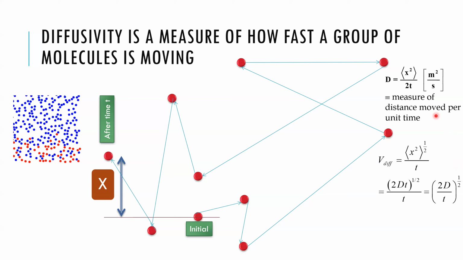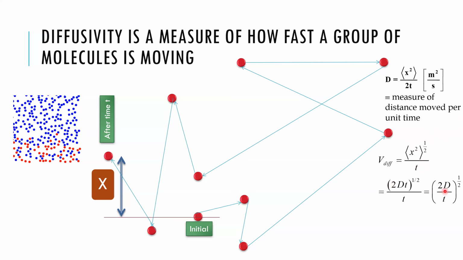So if there is this kind of a distance concept that it has moved so much, and so I have a square of the distances and average together, then since that is the square of the distance, if I take the square root, that's like a distance. And so you can think of diffusion velocity as that distance divided by time.